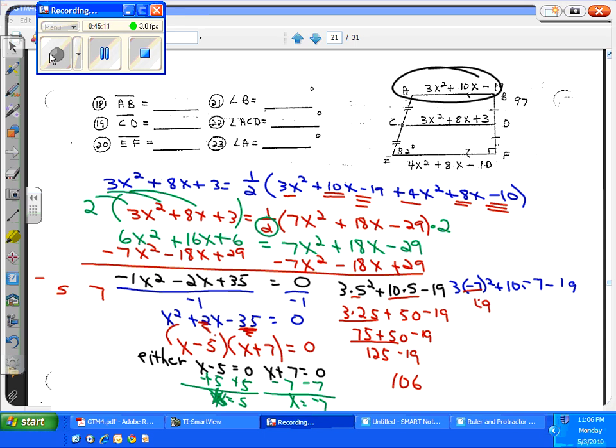Negative 7 squared is 49 times 3, minus 70 minus 19. 3 times 49 would be 3 shy of 150, which would be 147, minus 70 minus 19, which would be 147 minus 89, which would be 58.